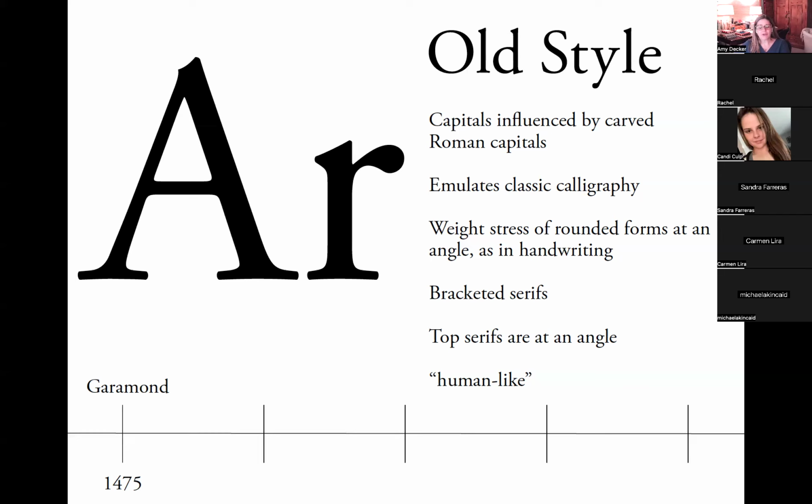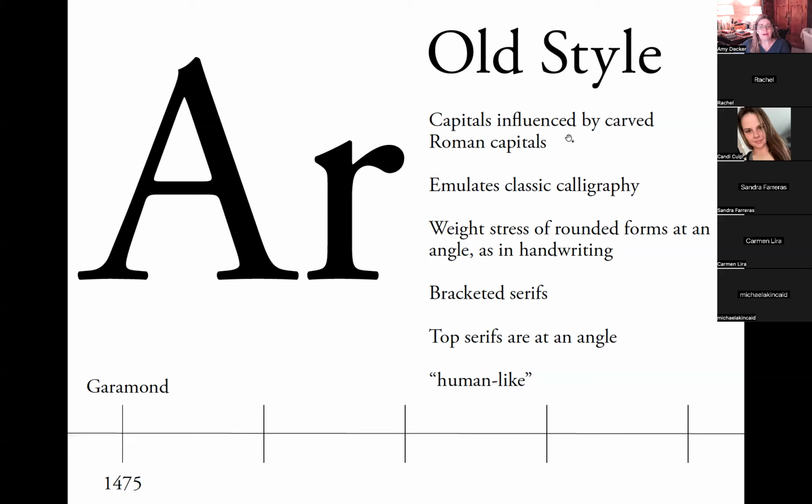So let's start with one of the first ones, Garamond, right? Garamond 1475. This is an old style typeface. You can see that it's based on calligraphy. You can see this very curved, accented apex. There's a curve in the serifs, both underneath and around the bracket.